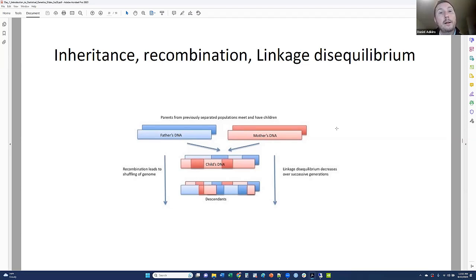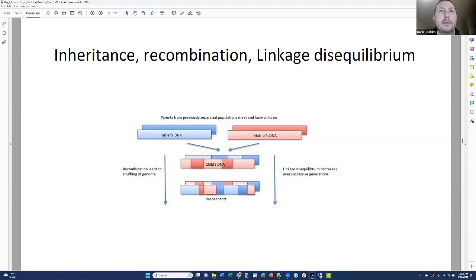genomes where there is spatial dependence, meaning that variants that are close together tend to be very highly correlated due to linkage disequilibrium. And then, as we move through generations, linkage disequilibrium gets gradually whittled down.